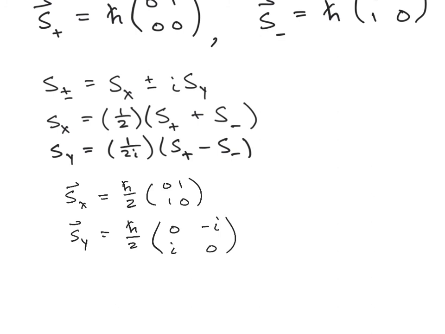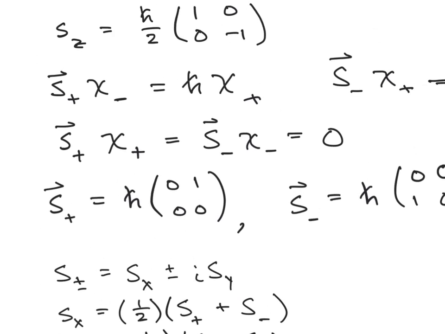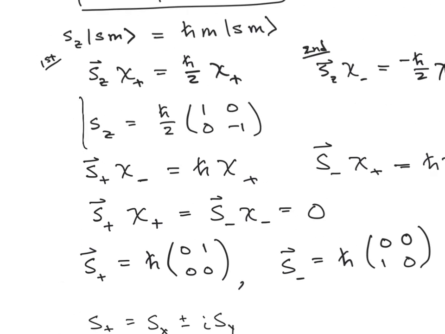Right, so what do we have? We have these two for our x and y, and if I go back up top a little bit, here's the one for our z component.